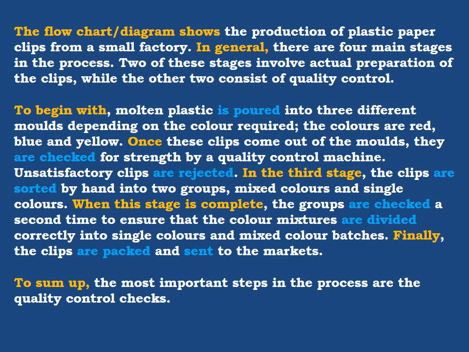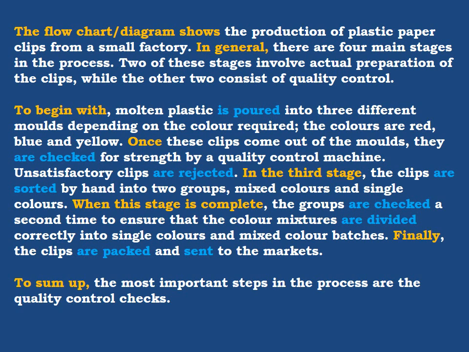Again, here the phrase, to begin with. When we are talking about a process, we want to start talking about the process. We can use this phrase. So to begin with, molten plastic is poured. You see, is poured. You remember the black oval shape where the words molten plastic are written in the flow chart.